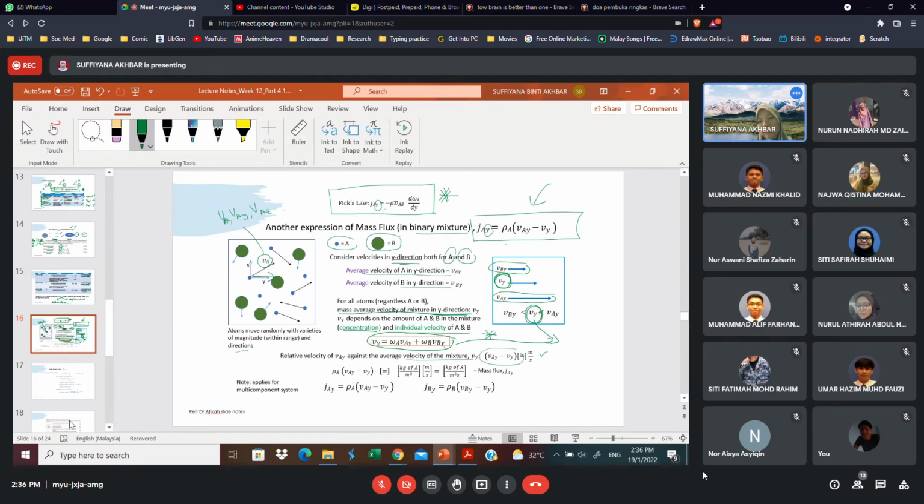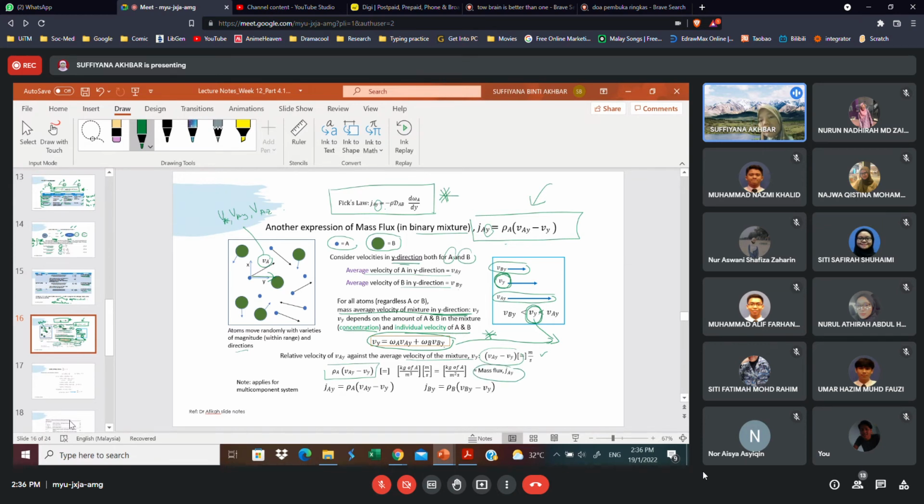If we multiply by the mass concentration of component A, the unit becomes kilograms of A per meter squared per second. So this is the mass flux.